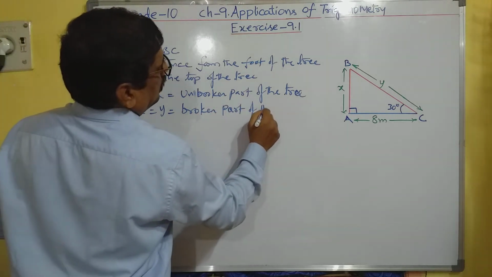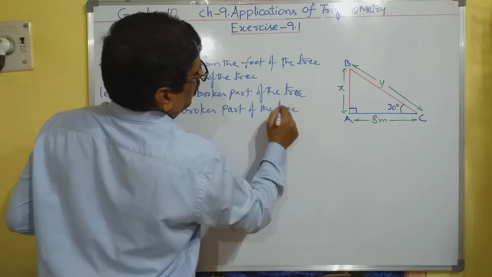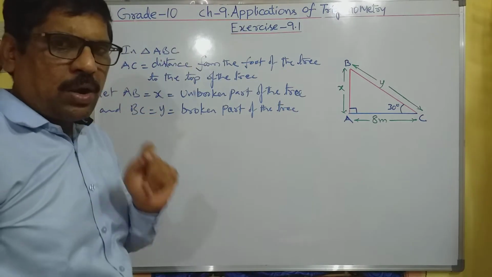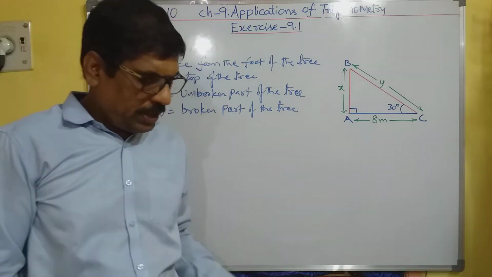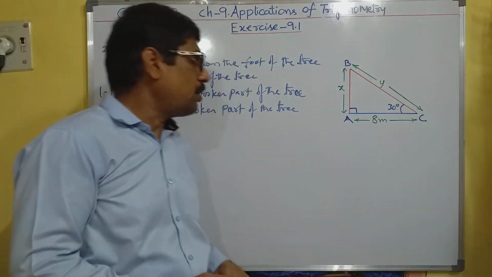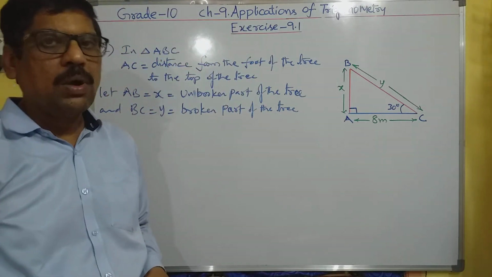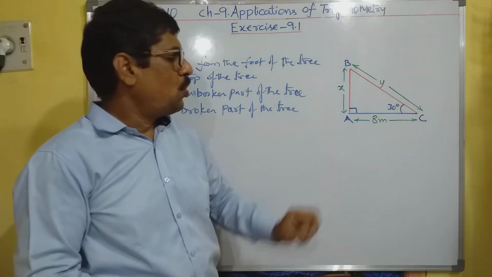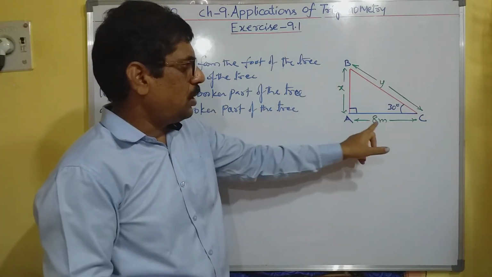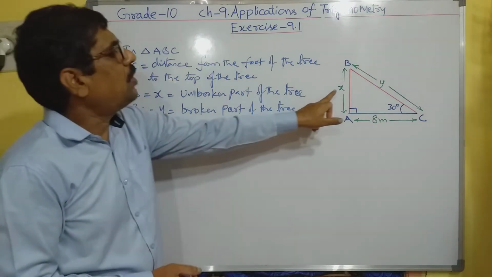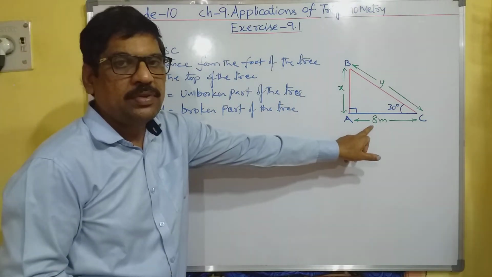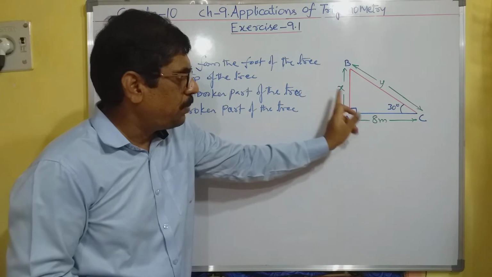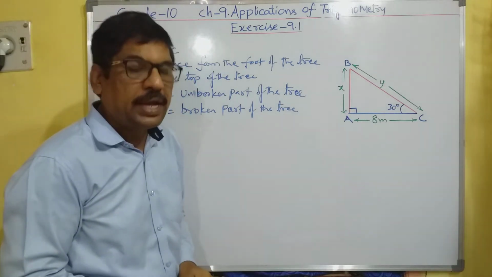I have told you that after finishing the diagram, we need to search for the known values and unknown values. There are two unknown values, x and y. First let us take this unknown value and this known value. This is the opposite side and this is the adjacent side. What is the ratio between opposite and adjacent? Tan.